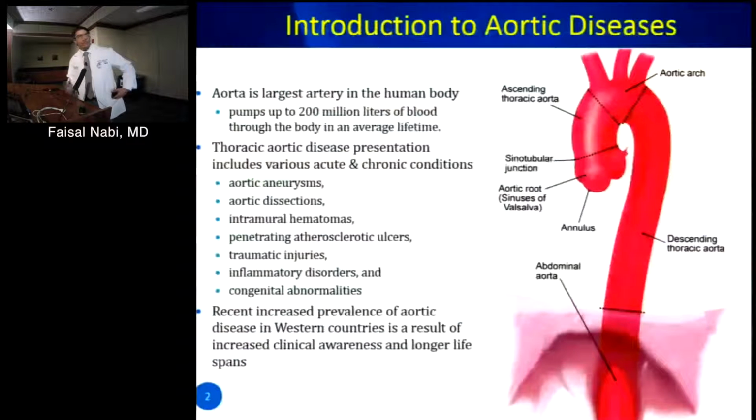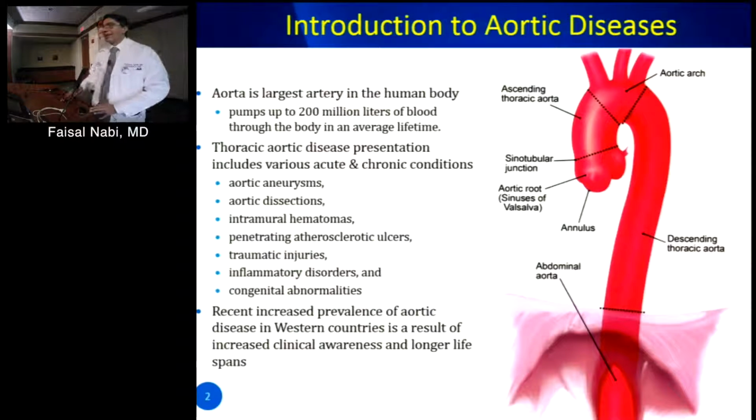Introduction to aortic diseases: the aorta is really the largest artery in the human body. It pumps up to 200 million liters of blood in an average lifetime. Patients can present with a wide variety of clinical scenarios, acute or chronic. Some of the things I will be discussing are aortic aneurysms, dissections, and all the acute aortic syndromes.